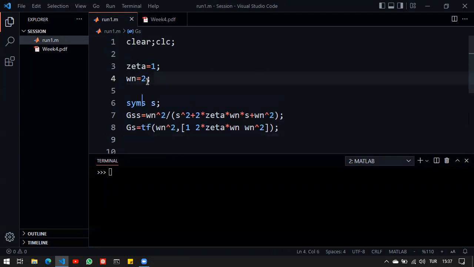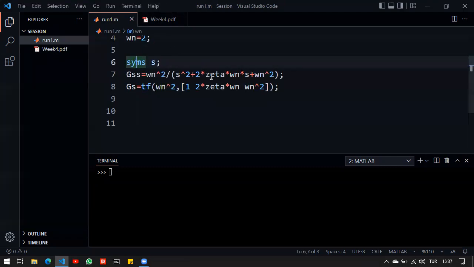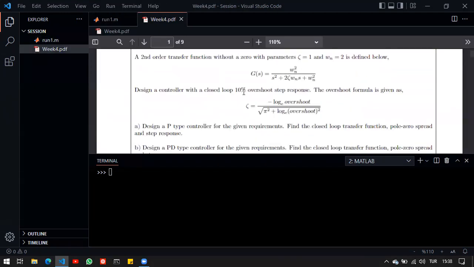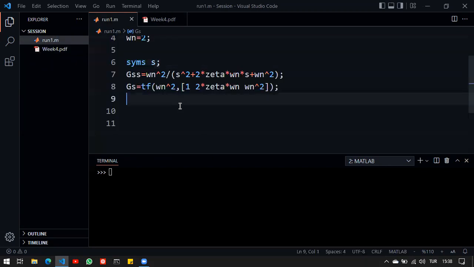You can also see that we've used zeta and omega n to define our second order transfer function, but using the overshoot, which is 10% here, we will get a different zeta value. That implies that we are trying to change the behavior of the system, because we've talked about the zeta value, and we've seen that it describes the system's behavior in terms of transients, which also means that the overshoot is determined by zeta.